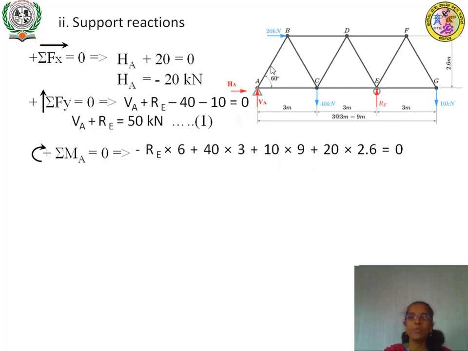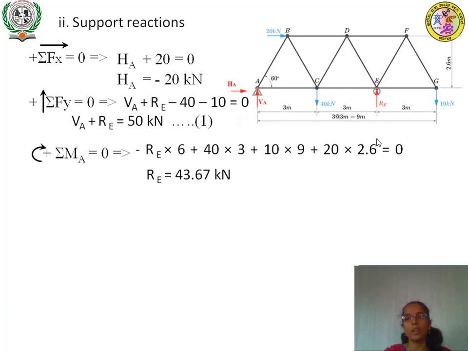Okay, next we have one more force of 20 kilonewton, 20 into the height of the truss, which is 2.6 meter. The perpendicular distance is 2.6 meter. So this is also inducing clockwise moment about A, therefore plus 20 into 2.6. From which RE is equal to 43.67 kilonewton.